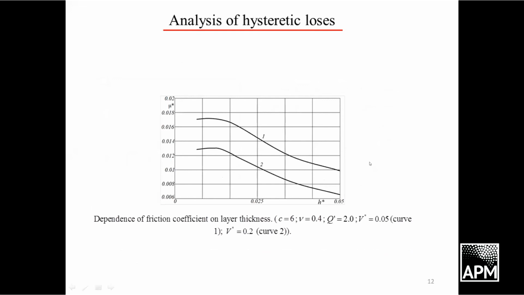And hysteretic losses for the case of no friction were analyzed, and we can see here that increasing the thickness also leads to decreasing hysteretic losses. And it is interesting that we can experimentally obtain the same results.